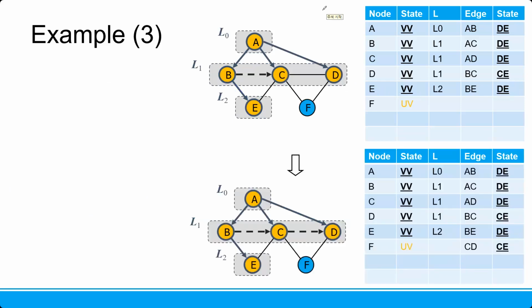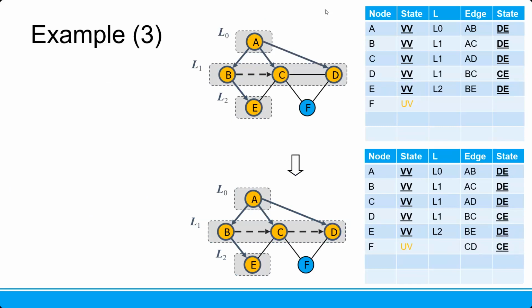And then we go to the next, which is C. C is a node, and it has an incident edge going to D. What is D? D is a node that has been visited. Because D was already visited previously, this edge will be considered a cross edge.